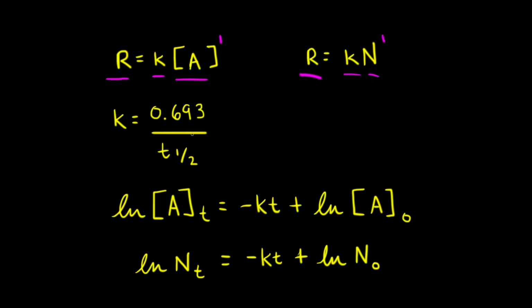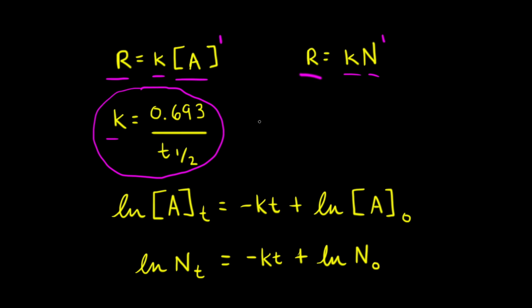Since radioactive decay is a first-order process, we can also use this equation for the rate constant, which comes from first-order kinetics, which says that the rate constant k is equal to 0.693 divided by the half-life.